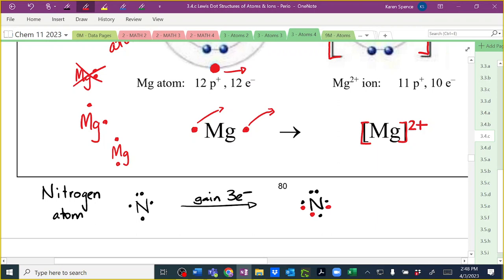What would I have to do to finish off this ion? Brackets and a charge, so that would be brackets, and then what would the charge be? 3 negative, okay? And what would we name this ion? That would be nitride, because non-metal ions change their ending. Is that good? All right, and that's really it.